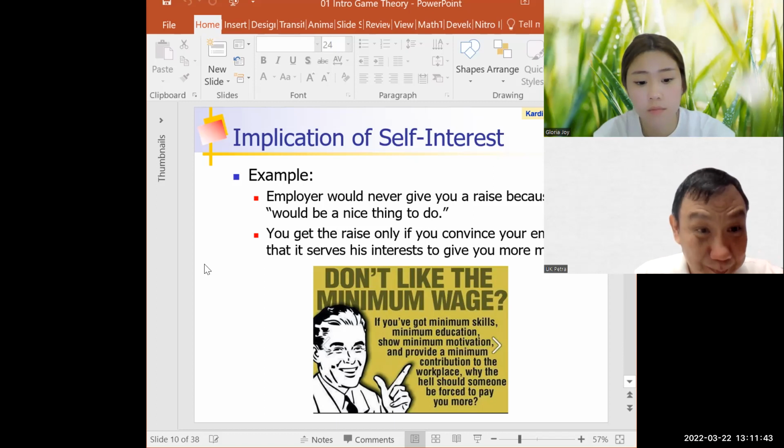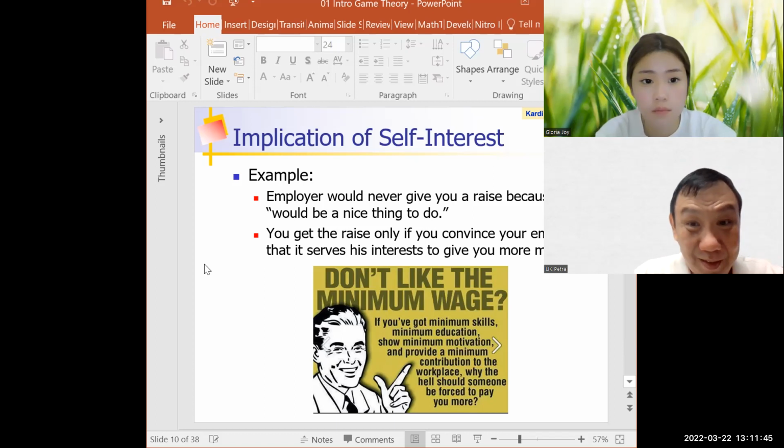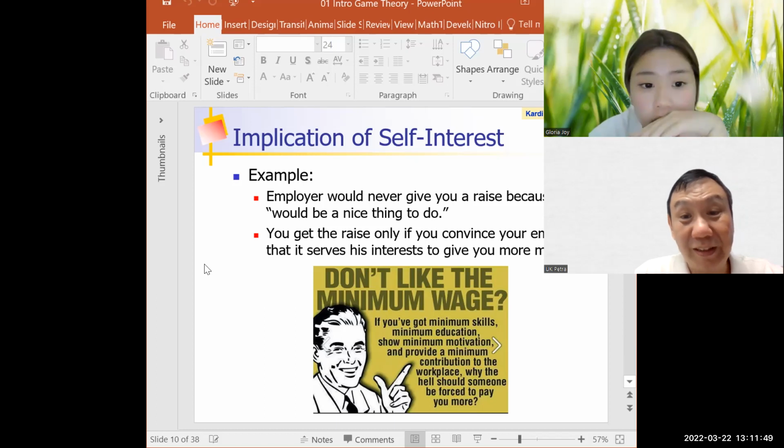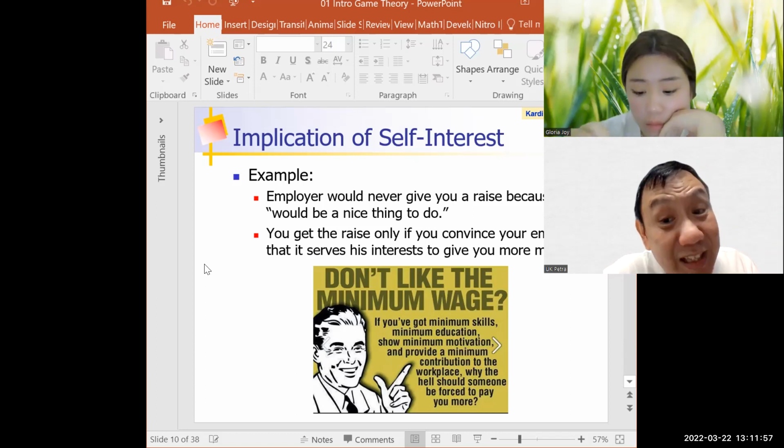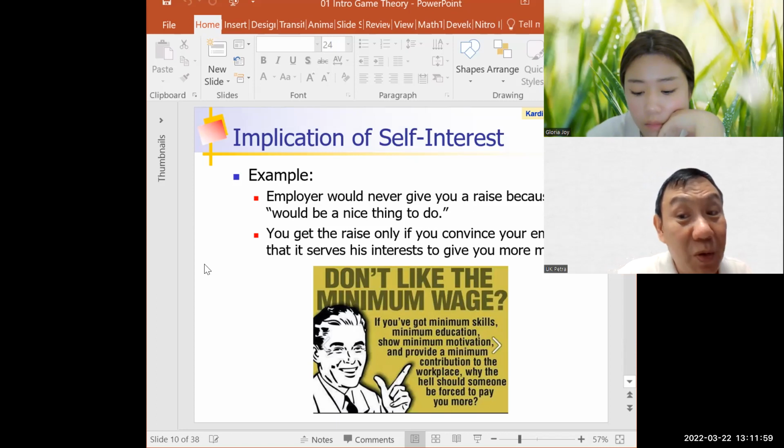That is not self-interest. Okay? It's not about mercy, it's not about compassion. About self-interest, then you will get a raise only if you can convince your employer that it actually serves his interest to give you more money. Wow. Right?